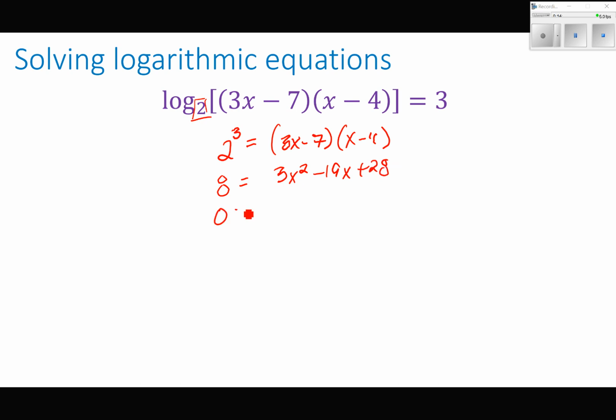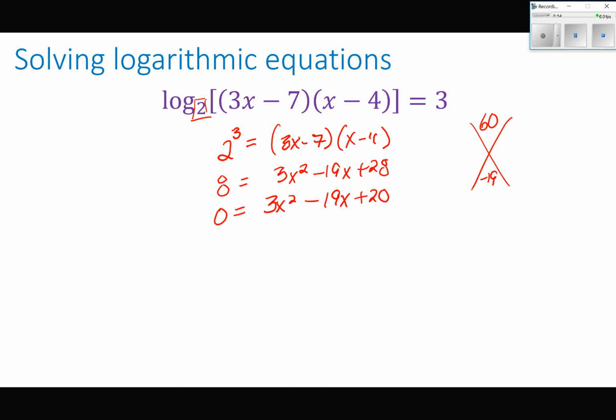Subtract 8 to set it equal to 0, so 3x squared minus 19x plus 20 now will be equal to 0. So again, this is one I can factor to try to figure out what the factors are. So two numbers I multiply to get 60, but add up to be a negative 19.